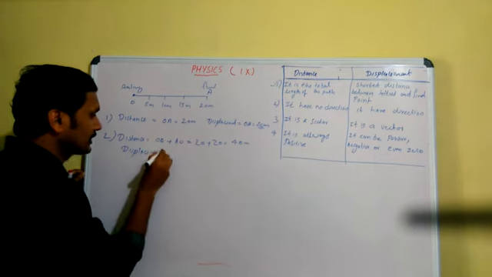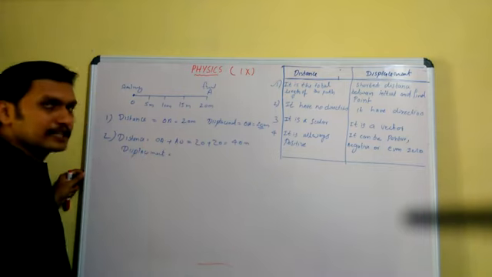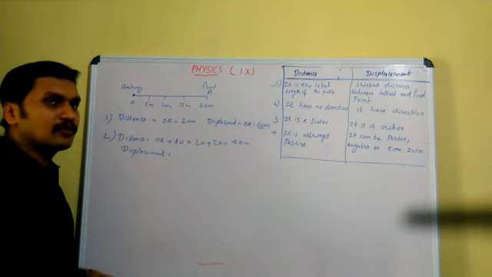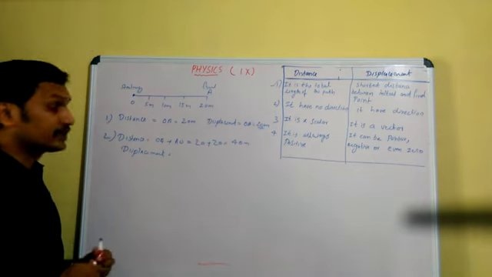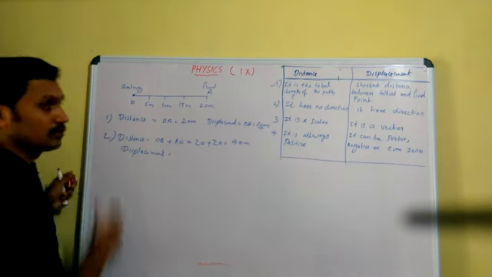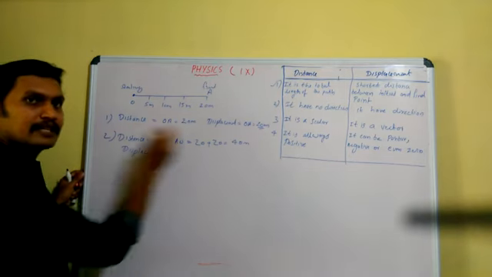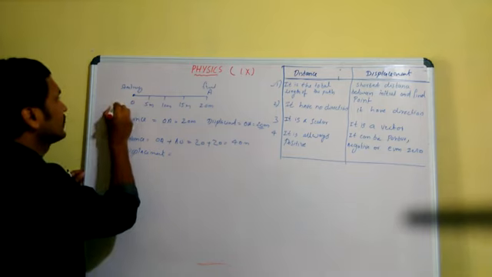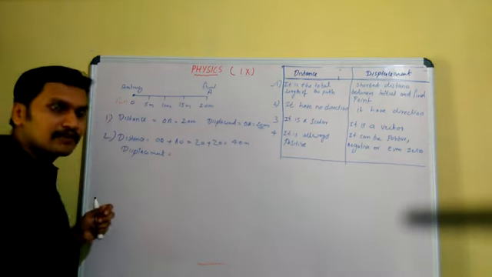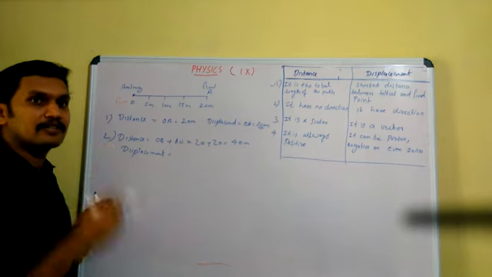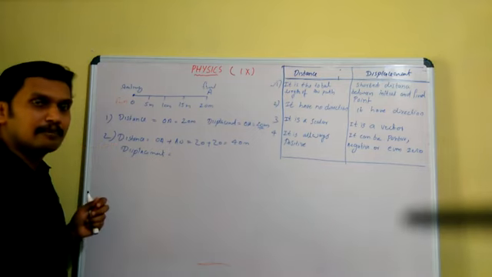Displacement is the shortest distance between the initial and final point. But in this second situation, our object starts from this point, and after its motion it reaches here itself. The final point is O itself. So what is the shortest distance between the starting point and the final point?